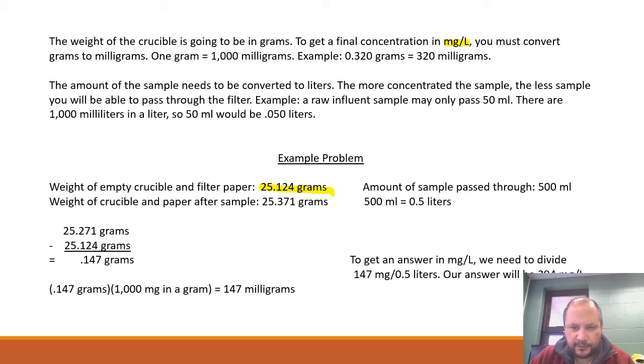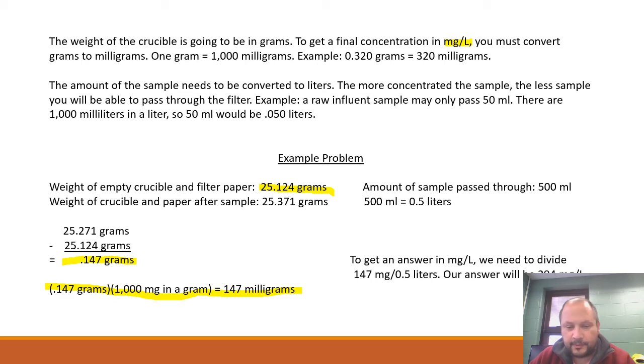So we have to convert the weight of the filter paper and the solids collected. We have to convert that from grams into milligrams, excuse me, to get the number that goes at the top of our equation, milligrams.